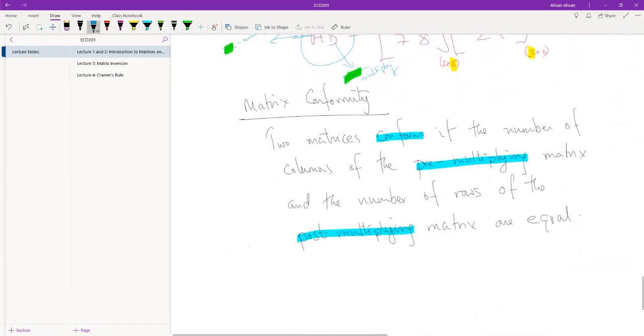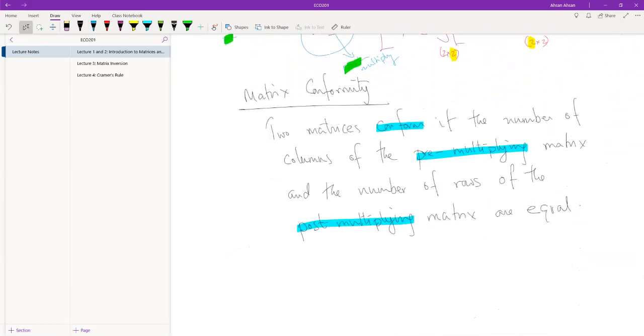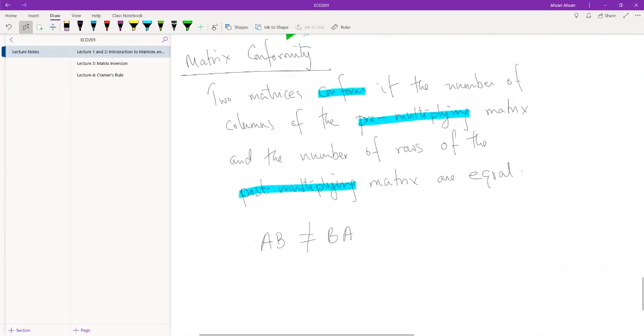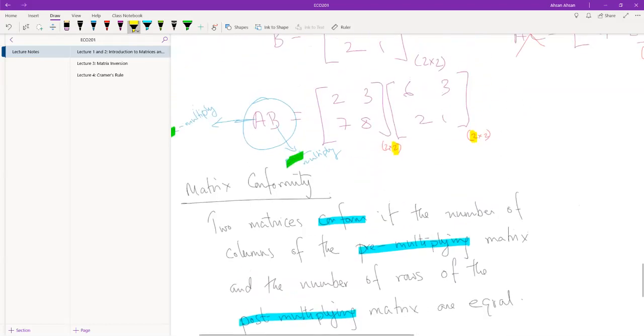That should also tell you guys that when we're multiplying matrices, AB is not equal to BA. If we have suppose 5 and 6, we know that 5 times 6 is also equal to 6 times 5. It makes no difference. But for matrices, that's not the case. For matrices, this is important to remember. If you reverse the order, the value is not the same.